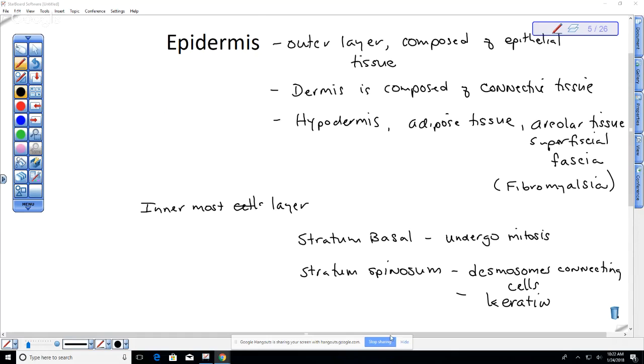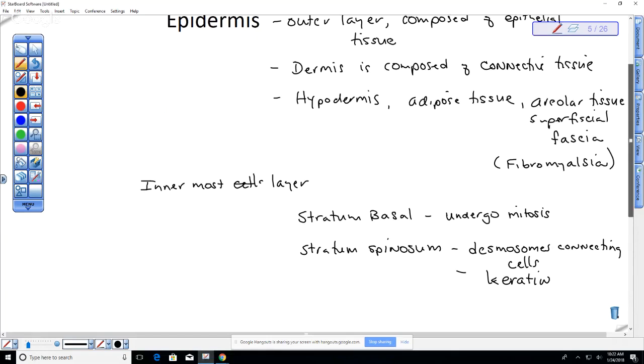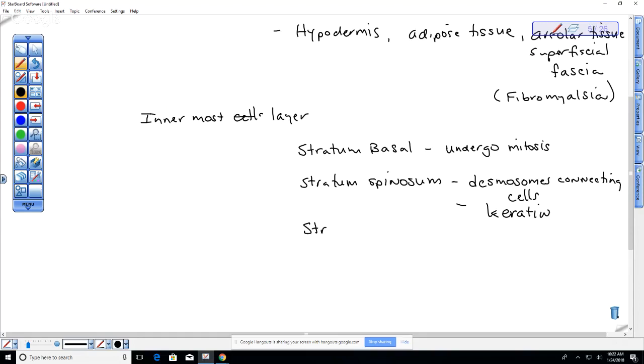There we go. Okay, the next layer is called the stratum granulosum. Granules refer to the fact that these cells are going to be secreting substances. They produce vesicles filled with glycolipids, and glycolipids are what make the skin waterproof.